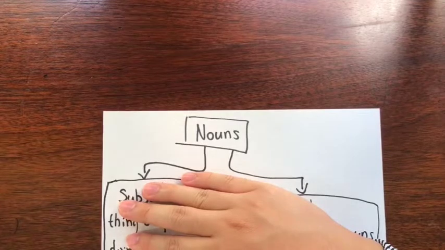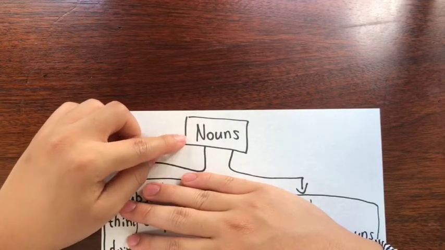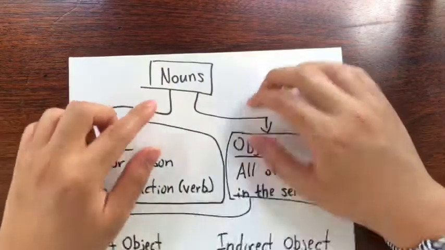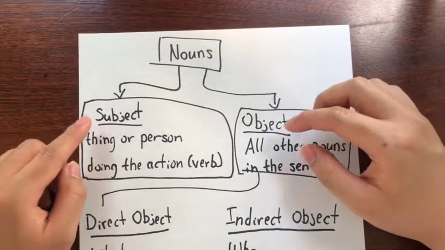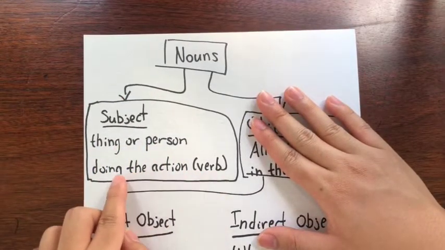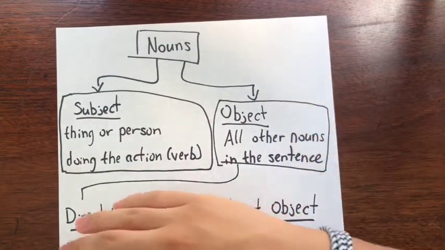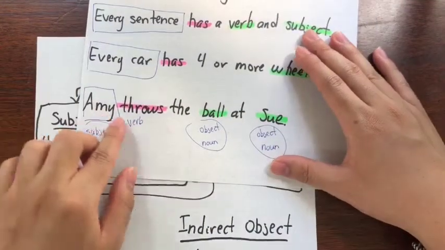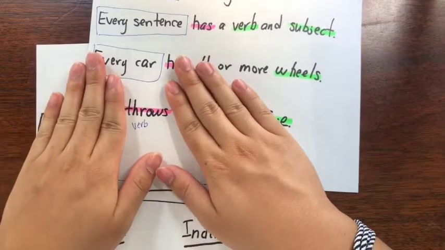Okay, so let's look at this chart. We have nouns. Nouns are a person, a place, or a thing. So, nouns, there are two types of nouns. There are subjects and there are objects. The subject is the thing or the person doing the action. The object is all the other nouns in the sentence. So, in the sentence, Amy throws the ball at Sue, we have the verb throws.